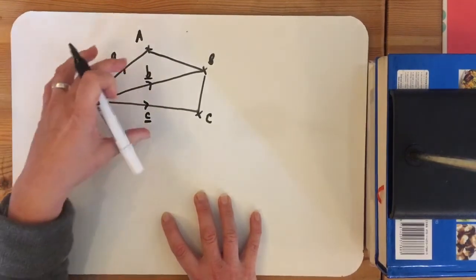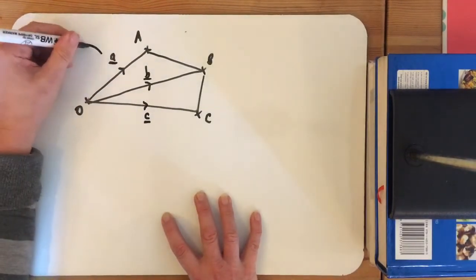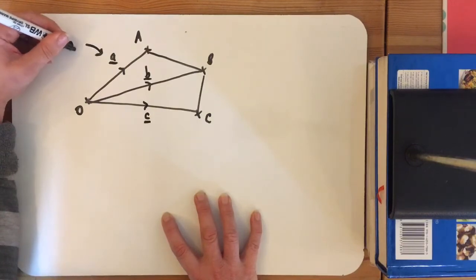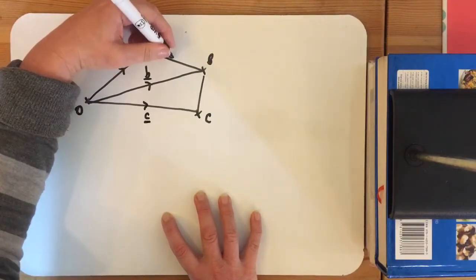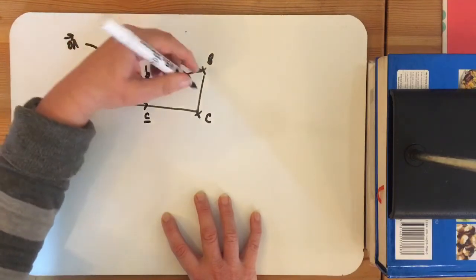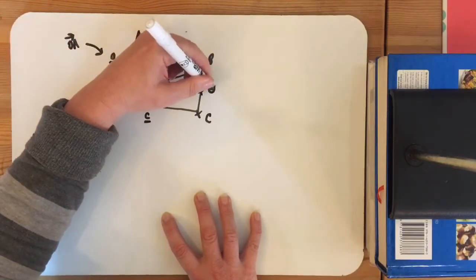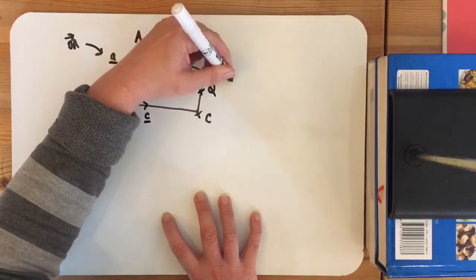So that's another notation for position vectors. That's the same thing as OA. And then I'm going to take 2 points, one is P, one's Q, and P and Q are midpoints.